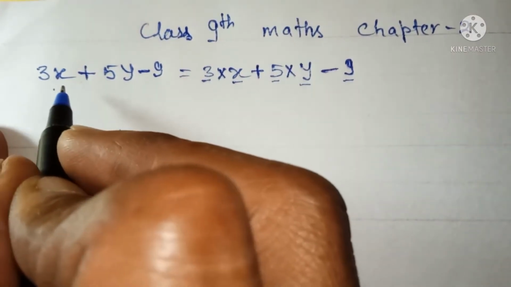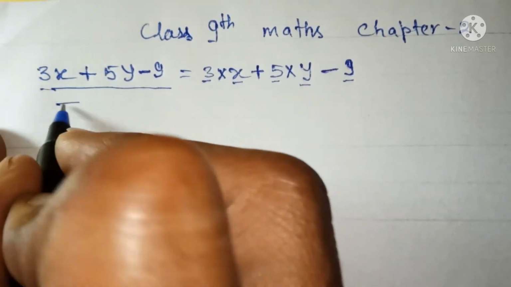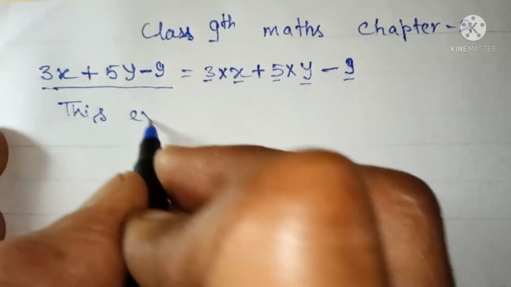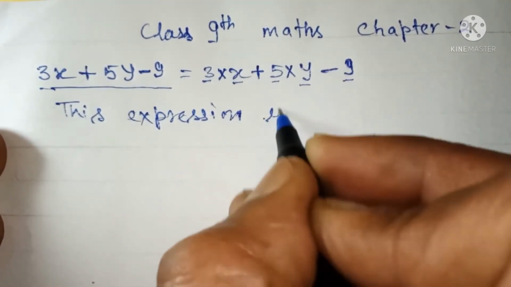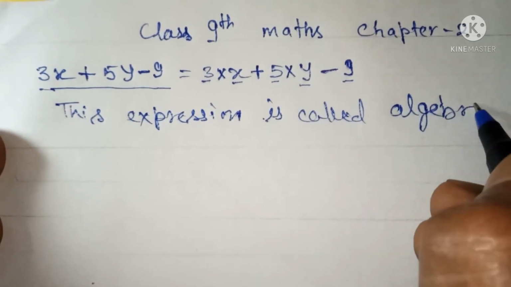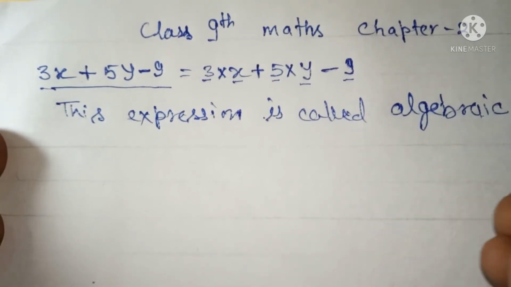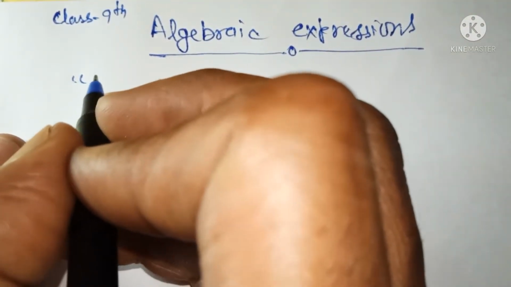When we see an expression like this, it is called an algebraic expression. What is an algebraic expression?